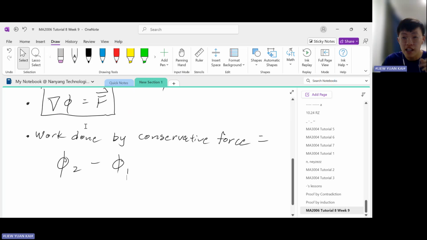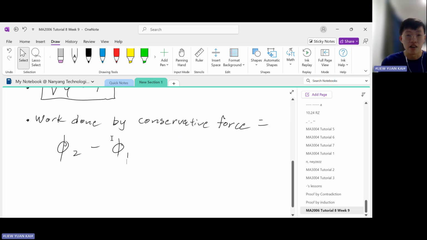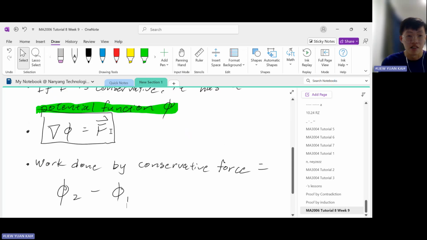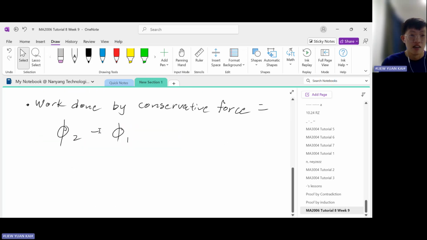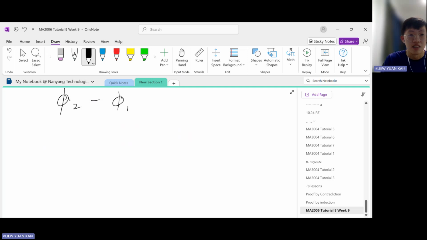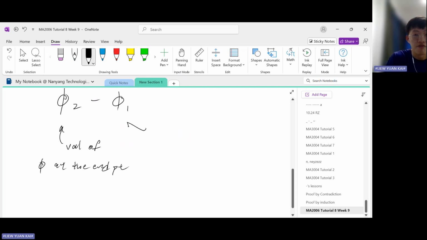It allows us to quickly calculate the work done by a conservative force. Phi2 is the value of phi at the endpoint, and phi1 is the value of phi at the starting point.